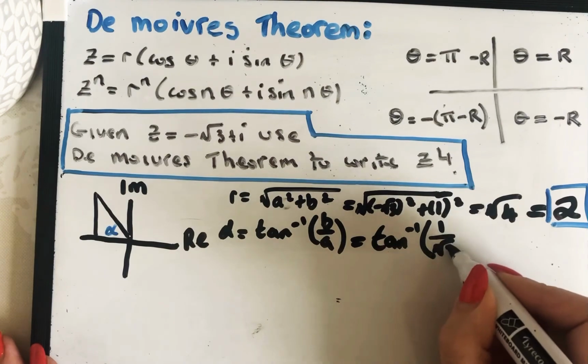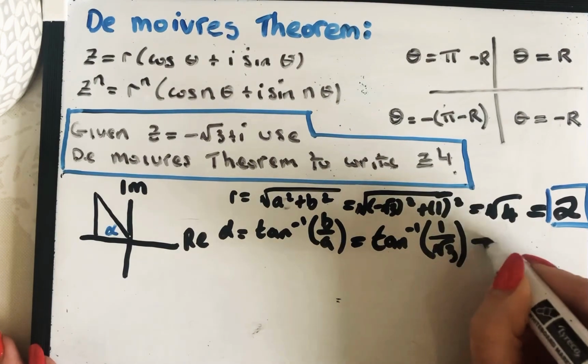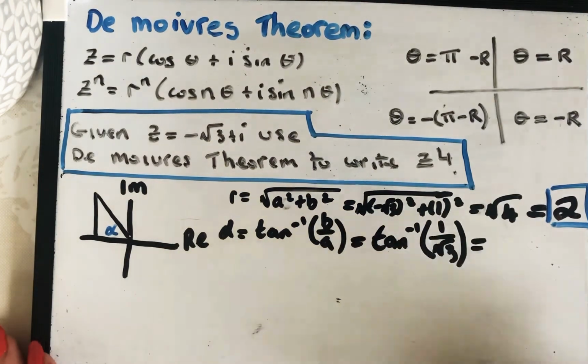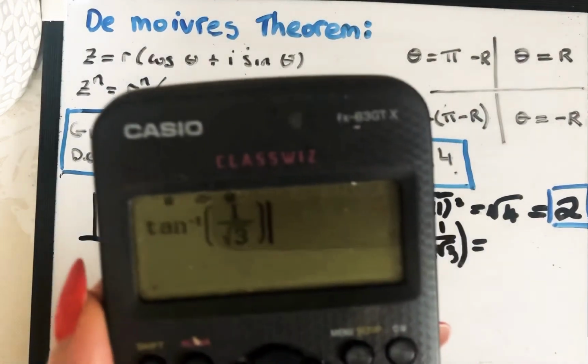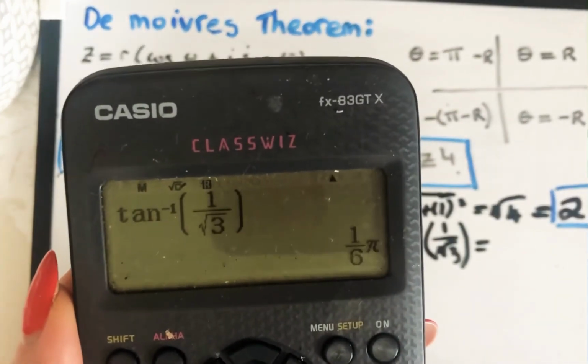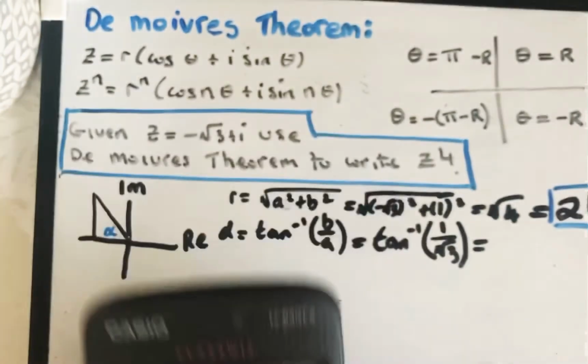Now notice again, I'm not putting in the negatives here because tan is opposite over adjacent, and you cannot have negative lengths because we're talking here about a right angle triangle with lengths of the opposite side and lengths of our adjacent side. So let's go to the calculator and type in tan inverse of 1 over root 3. And then let's press equals and we get pi over 6.